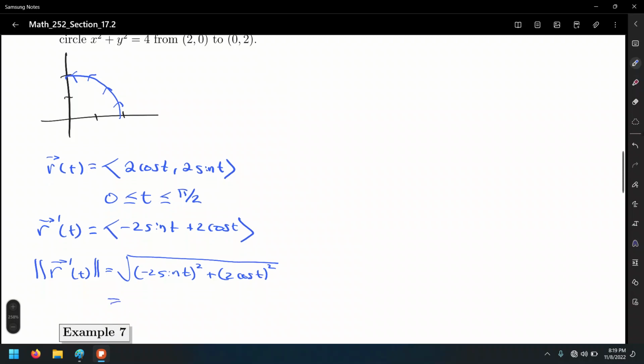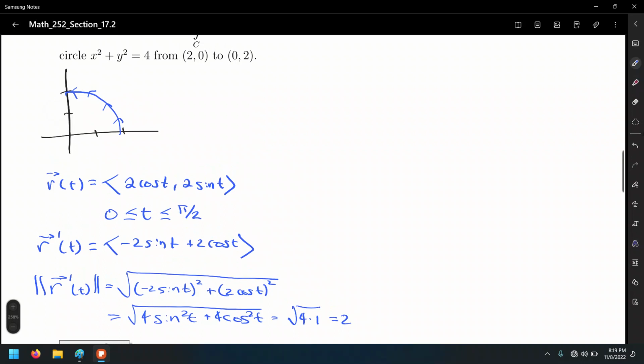And that equals the square root of 4 sine squared t plus 4 cosine squared t. Alright? If we factor out the 4, we will be left with sine squared plus cosine squared, which is 1. And that's going to give us the square root of 4 times 1, which is 2.